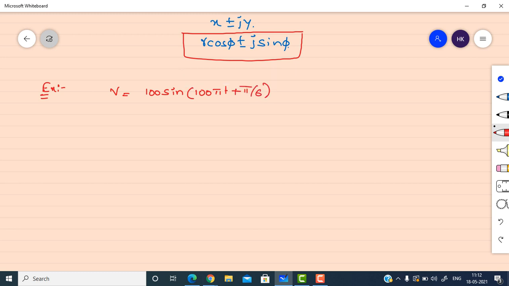This is the voltage equation. Write the polar form for this and convert it into rectangular form. That means first you have to write the polar form equation for the given voltage equation. Then you have to convert it into rectangular form.